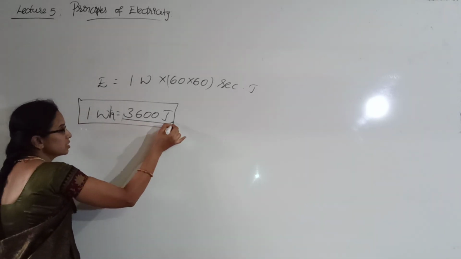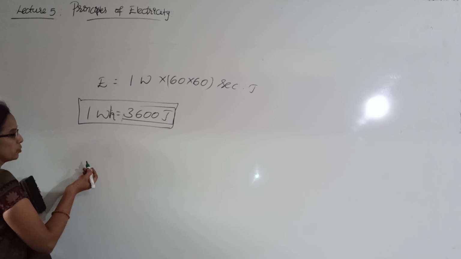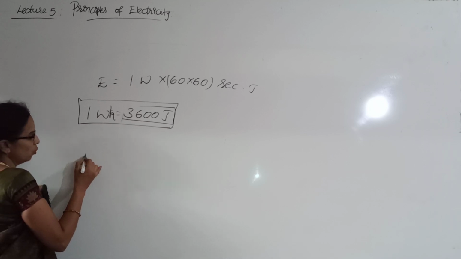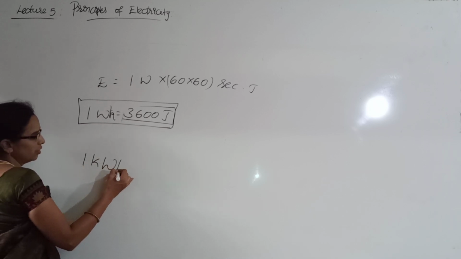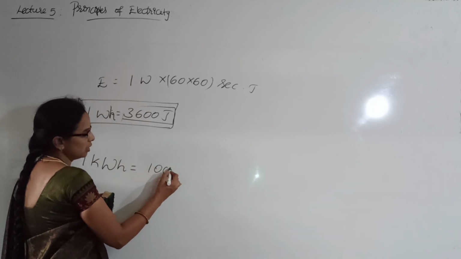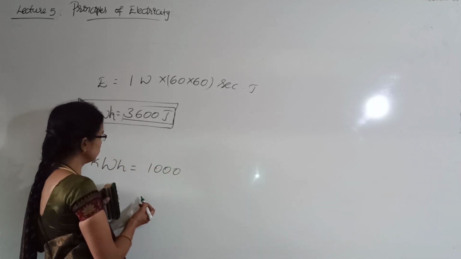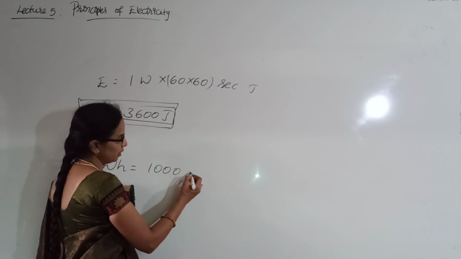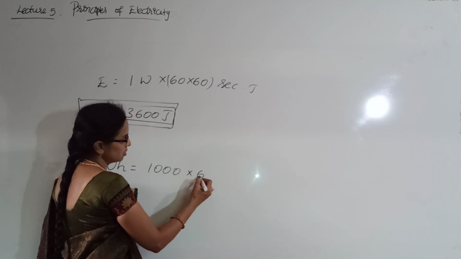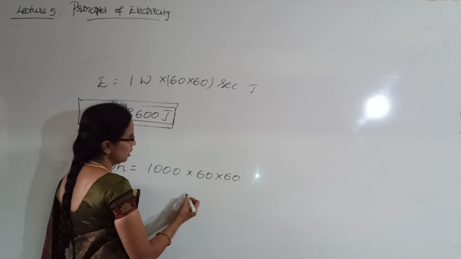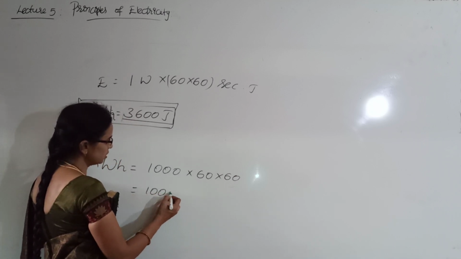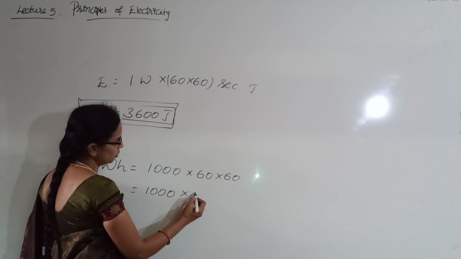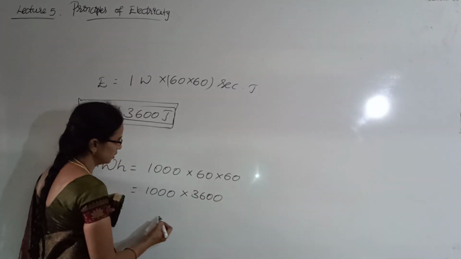So this joule will be very small. So we calculate 1 kilowatt hour: 1000 joules of work done per second, into 60 into 60, so it is 1000 joules per second into 3600.